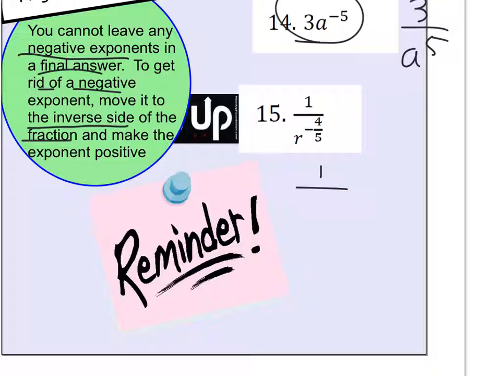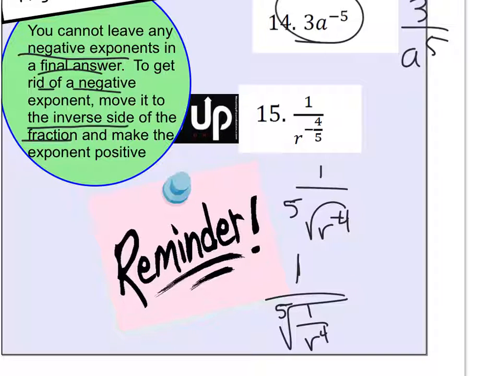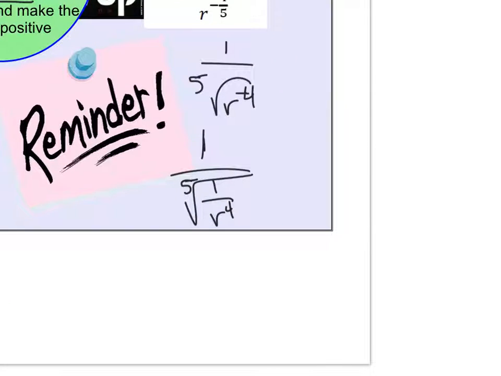So this would be like saying the 5th root of r to the negative 4. So this is like saying 1 over the 5th root of 1 over r to the 4th. Now, there are all kinds of problems with this.